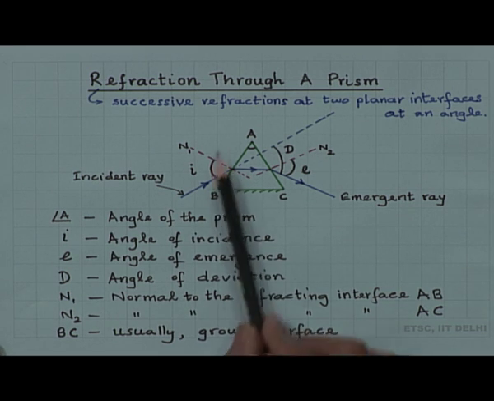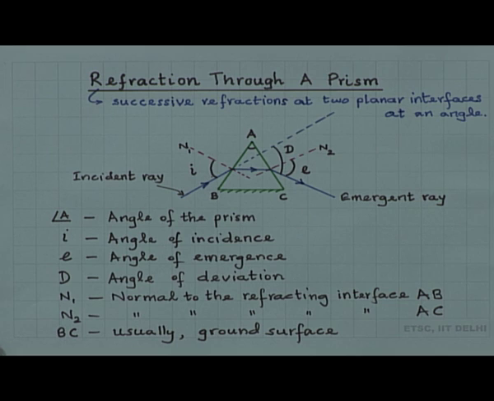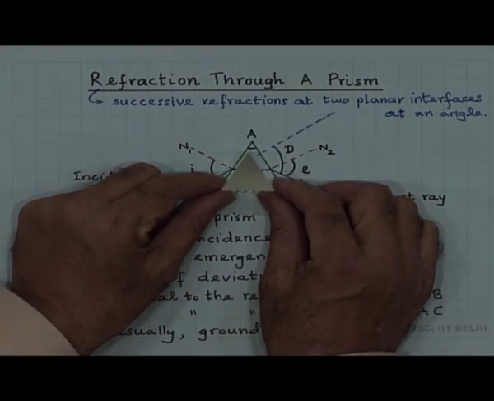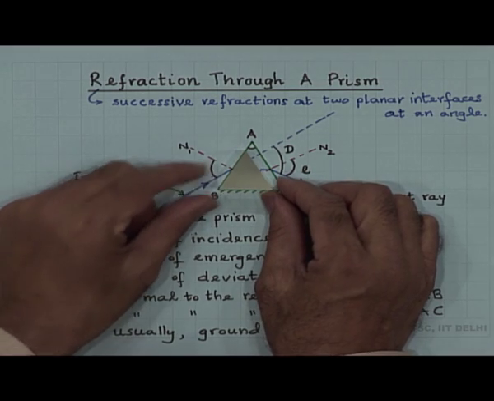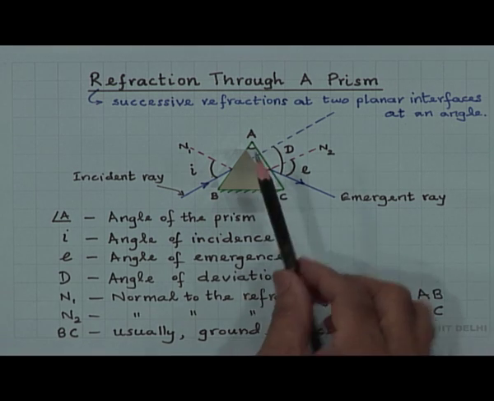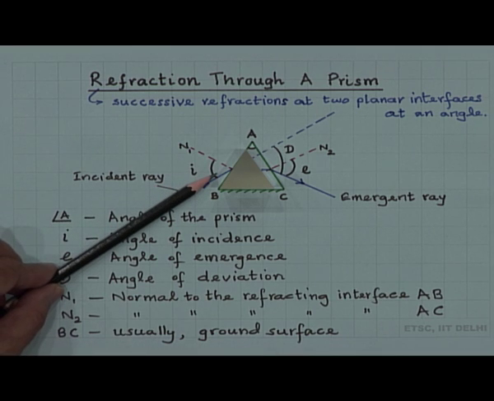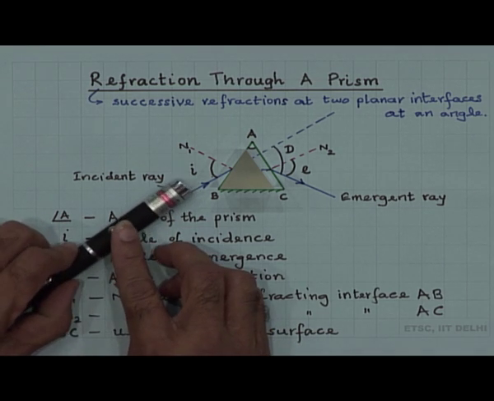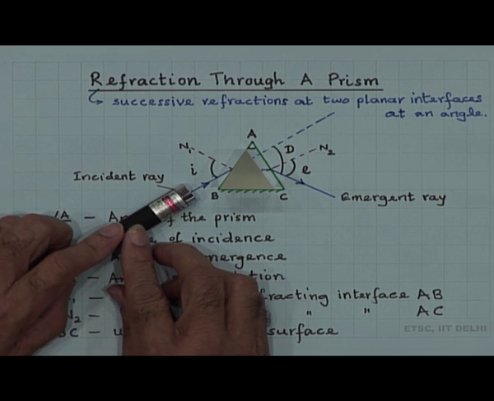Before I proceed, let me briefly recall what I had shown. What I am showing is the prism, and what we have seen is the top view of the prism, and the ray of light is coming from here. Let me show you a laser beam incident along the direction of the ray that I have drawn.